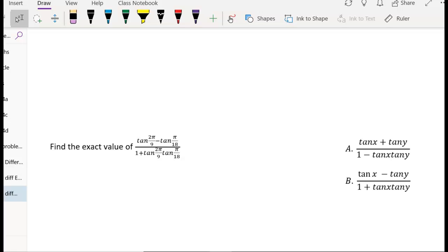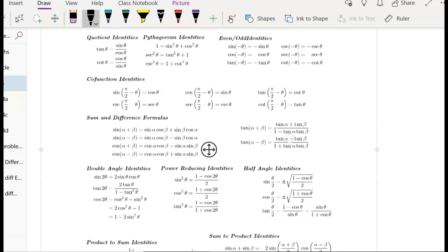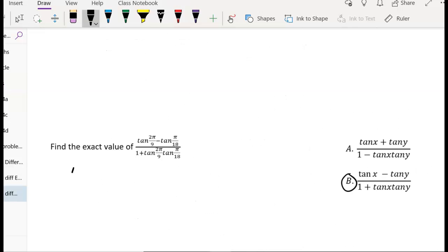And as you can see, one of them is negative in the numerator, positive in the denominator, so that has to be this one. And so if we look at the identities, the one that's negative in the numerator, positive in the denominator is subtraction, tangent of alpha minus beta. So tangent of alpha minus beta is equal to the tangent of alpha minus the tangent of beta over 1 plus tangent of alpha times the tangent of beta.